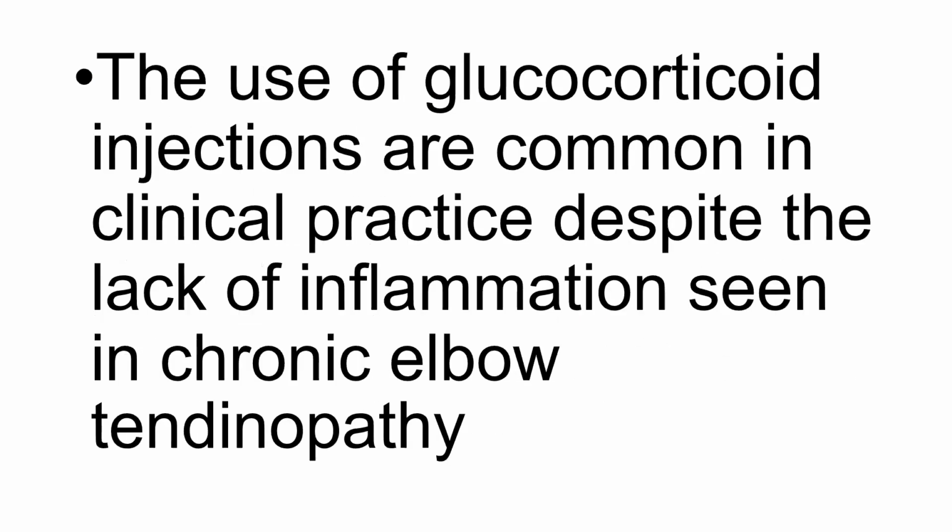All these have been tried. The use of glucocorticoid injections is common in clinical practice, despite the lack of inflammation seen in chronic elbow tendinopathy. Please keep this in mind. There is no inflammation in epicondylitis, even though the name implies it.